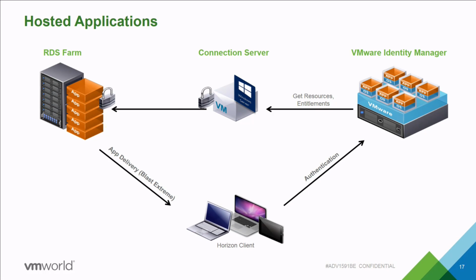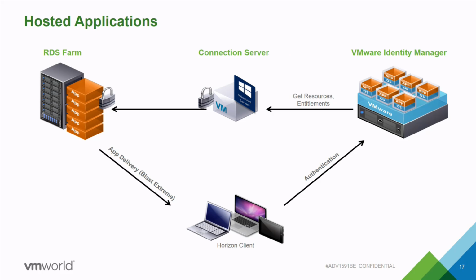But that's not true. The identity manager itself is a platform that should be accessible through the internet as well as on premises. And for the connection server, that's the same thing. So the connection server needs to be accessible both from on-premises as well as from internet-facing users.